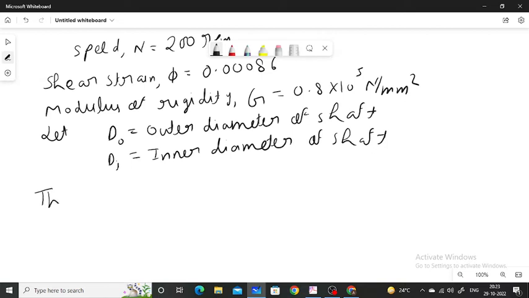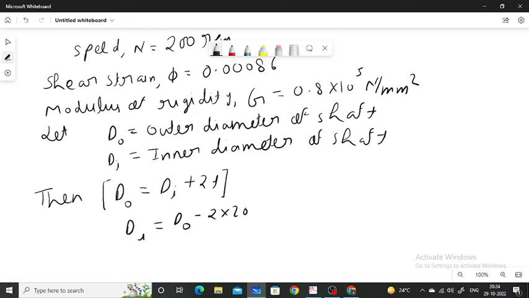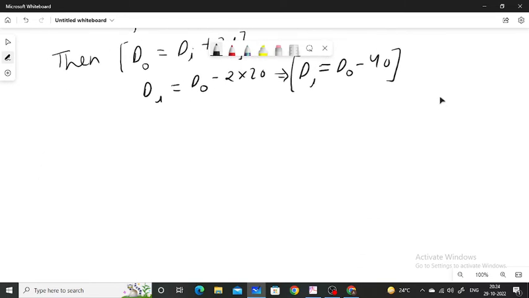Then outer diameter will be equal to D inner plus 2 times the thickness. Clear? Or say D inner is equal to D outer minus 2 times the thickness, which is DI equal to D outer minus 40. Clear?